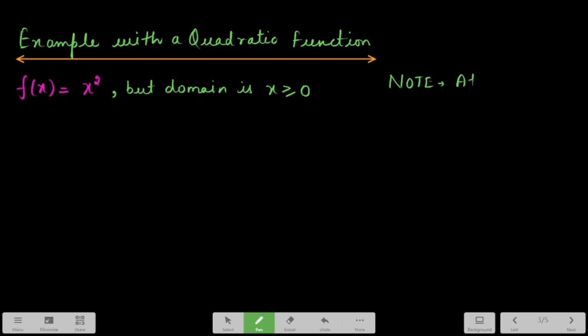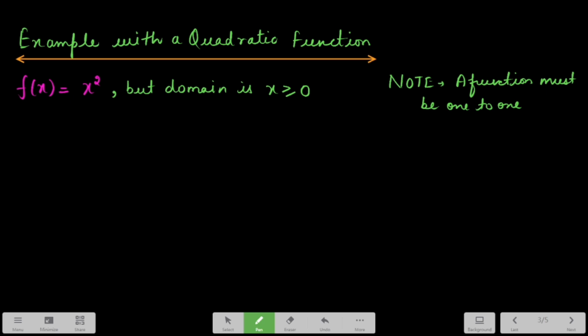A function must be one-to-one. In the next video, we will see how we can verify whether a function is one-to-one, many-to-one, one-to-many, bijective, surjective, or injective.